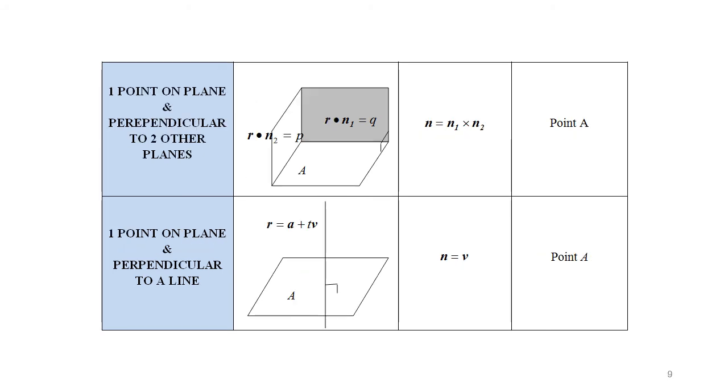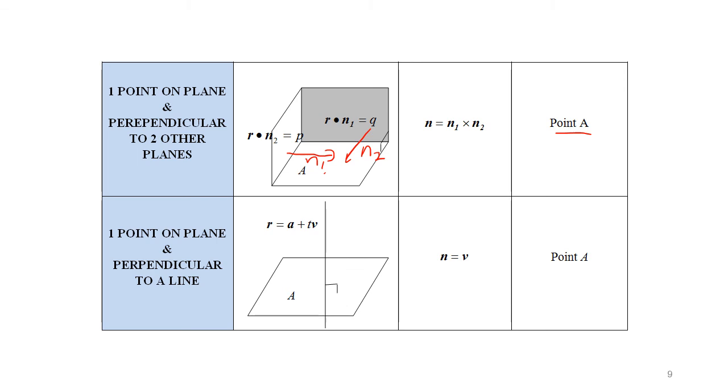Then next, the fifth situation, 1 point on the plane and perpendicular to another 2 planes. So as usual, a point here would be our point A. And then from the first plane, we got N1, and then the second plane, we got N2.